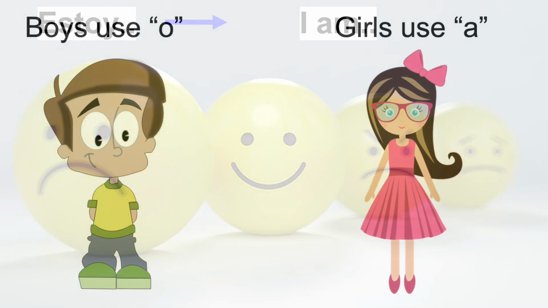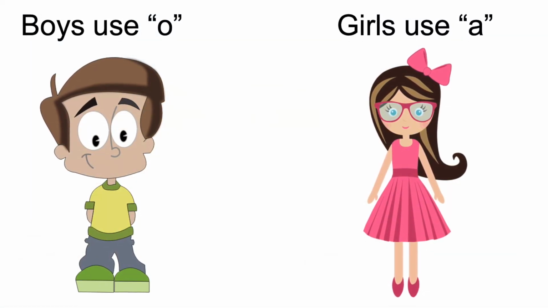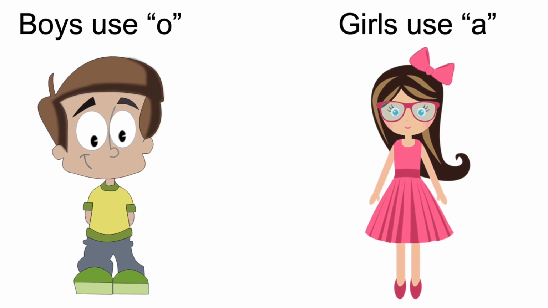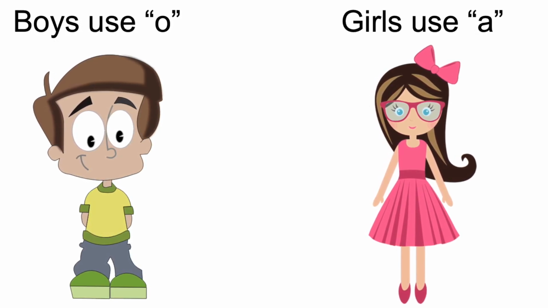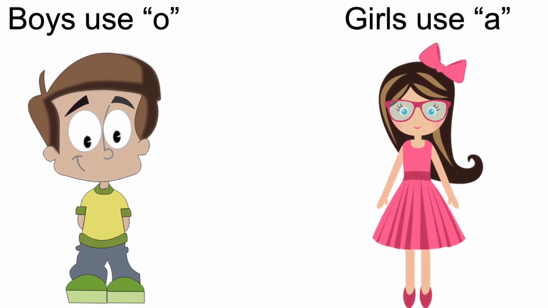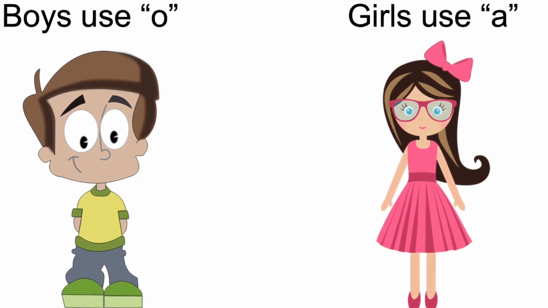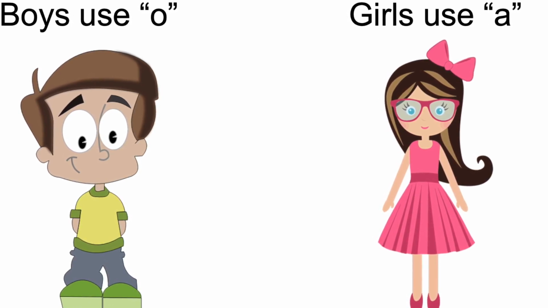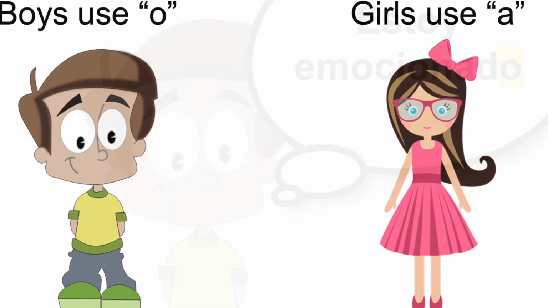Since we know how to say I am, I think it's important to tell you that in Spanish, gender matters. What that means is boys are going to use O at the end of their adjectives. Girls are going to use A at the end of their adjectives. If you don't quite know what I mean yet, that's okay, because you're going to see it in the examples to come.